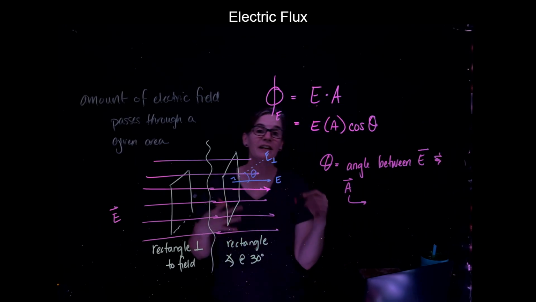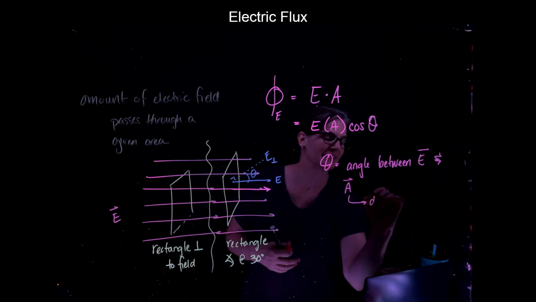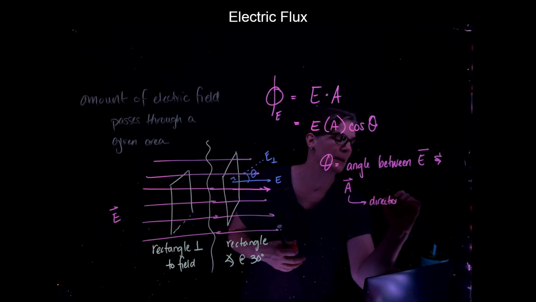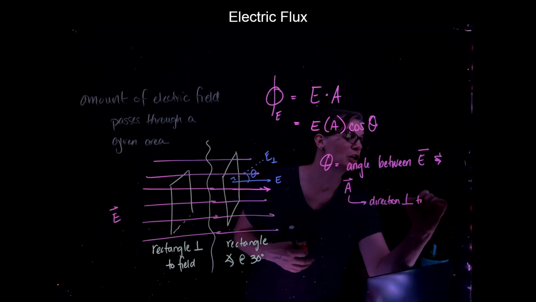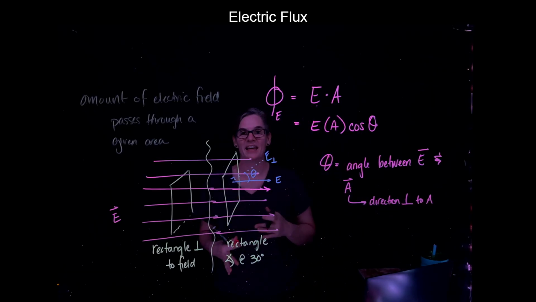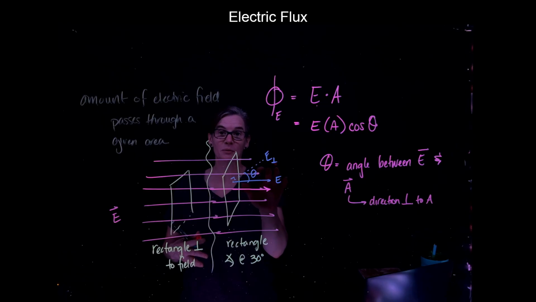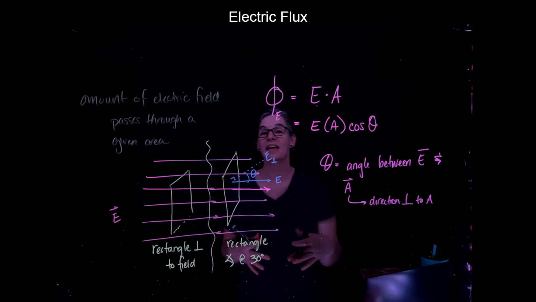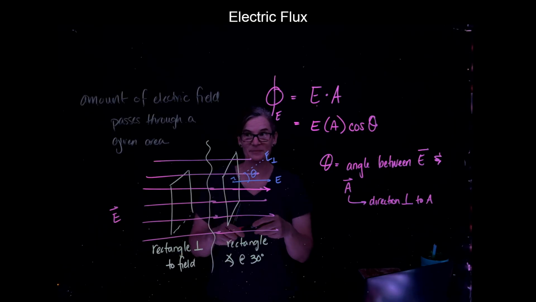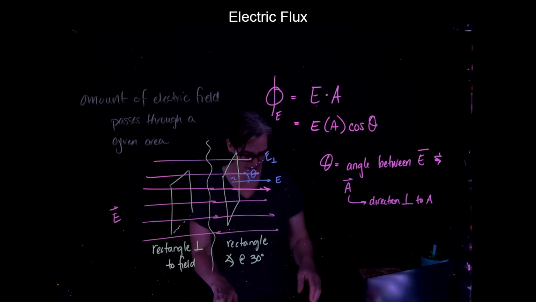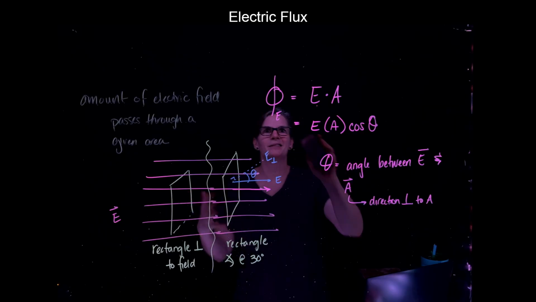And this area vector is the direction perpendicular to the plane that area is taken. So if this rectangle is at an angle of 30 degrees with respect to the electric field, this angle theta is our 30 degrees. All right, let's use an example to practice using this equation.